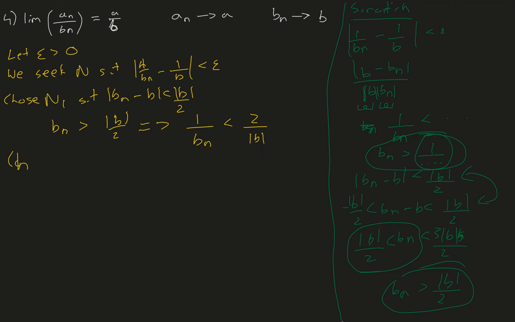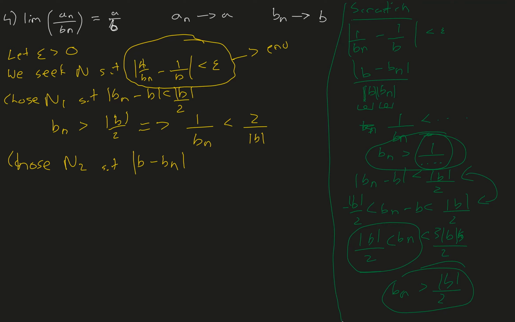And choose n2. Remember that we want to somehow manipulate it to get this as the end product. So choose n2 such that modulus of b minus bn. Remember that modulus of bn minus b is exactly equal to modulus of b minus bn. If you remember, one of the absolute value proofs was that modulus of y minus x is exactly equal to modulus of x minus y.